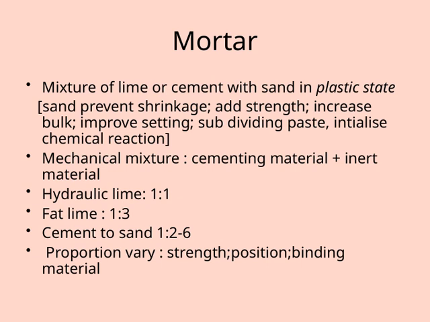Ultimately, these proportions are not fixed. They can be adjusted based on the specific requirements of the project, such as strength, positioning, and the binding material used. Understanding these variations helps us create the right mortar for each application, ensuring durability and performance in our constructions.